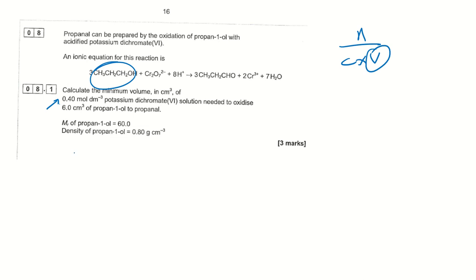So the moles of the propanol, we've got the density of it and we've got the volume of it that was used. So mass equals density times volume, which is of course 0.8 multiplied by 6. So that gives me the mass.